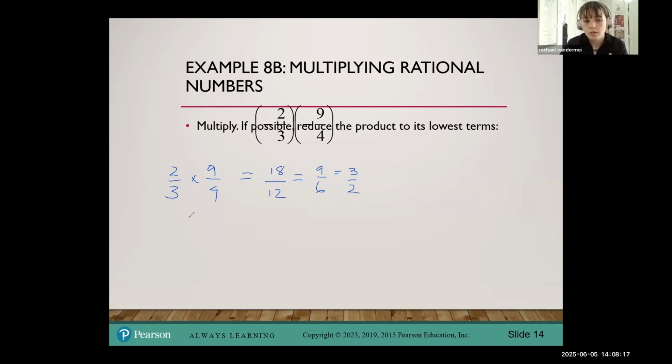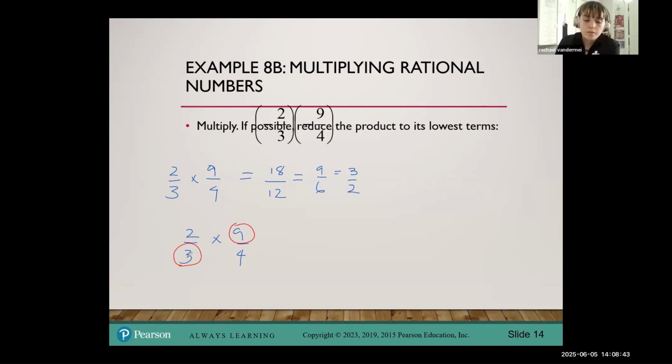The other thing that we can do that I love is, before I multiply, I'm going to be multiplying all of these together. So any factors in any numerator can simplify with any factors in any denominator. I've got a 3 and a 9, and they both have a 3 in common.